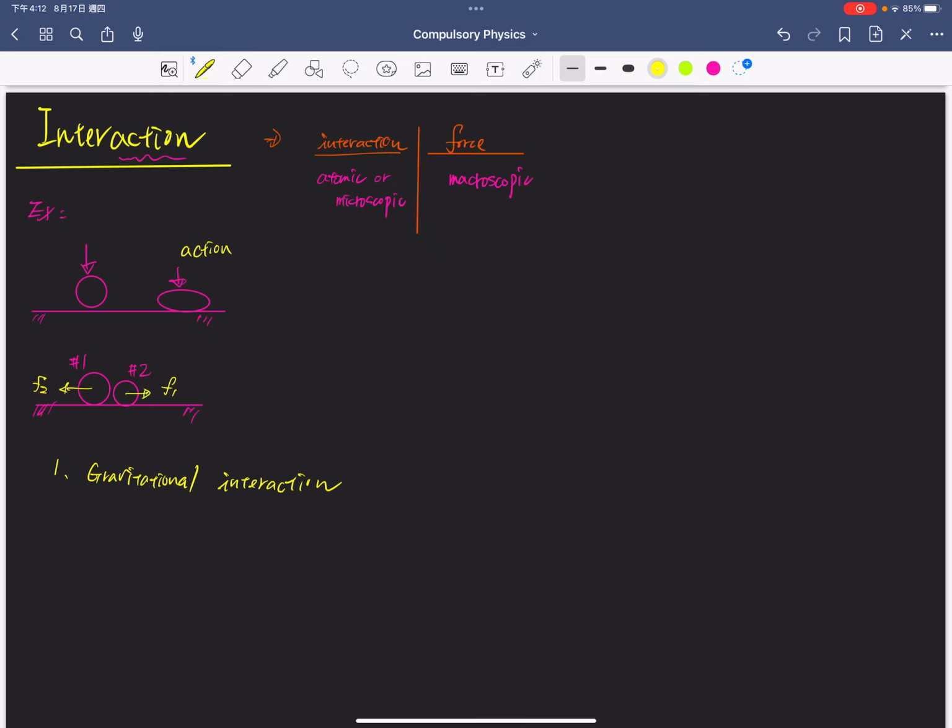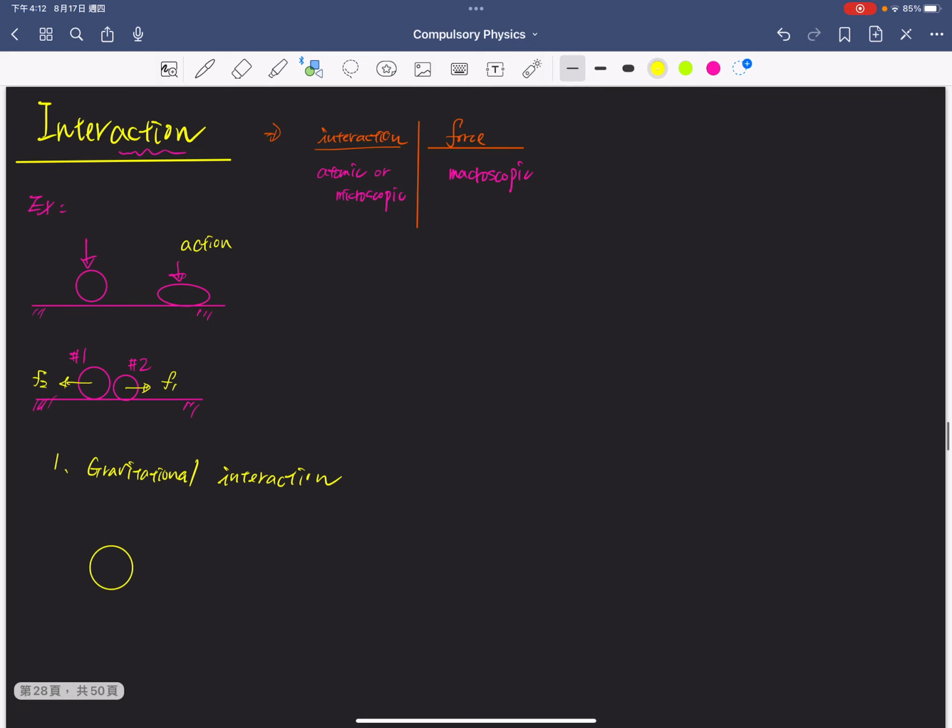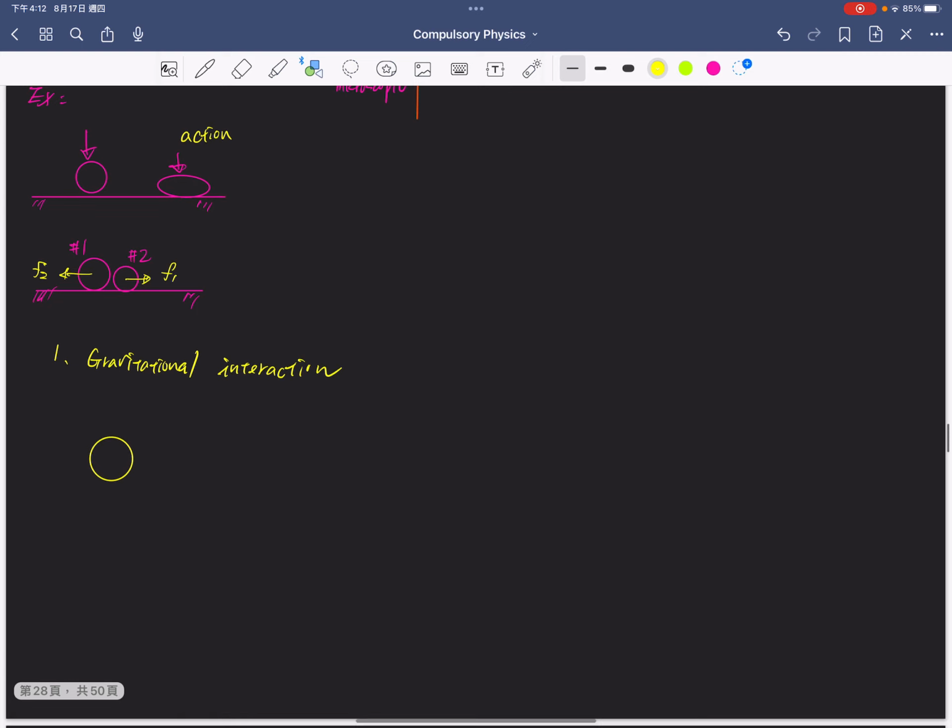If you want to calculate the magnitude of the gravitational interaction, we will use a formula that I think everyone is very familiar with. However, I won't just give you the formula; let's talk about it with an example. Here is mass 1 and this is mass 2.